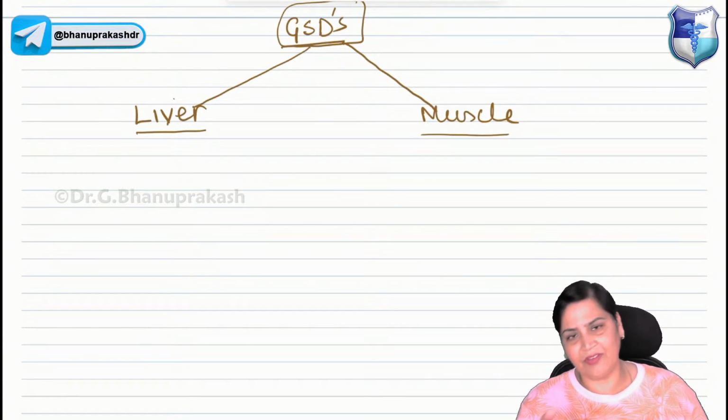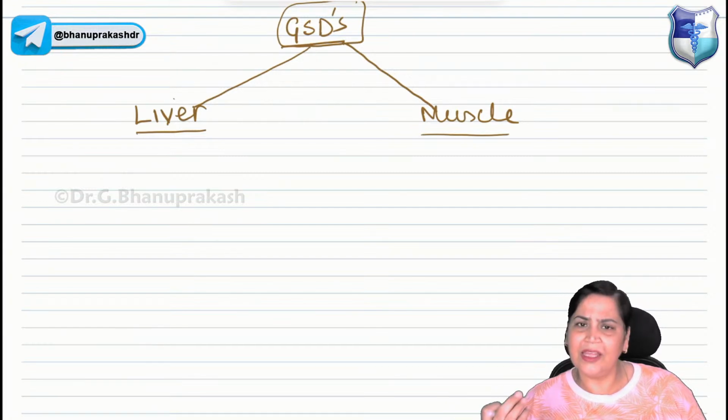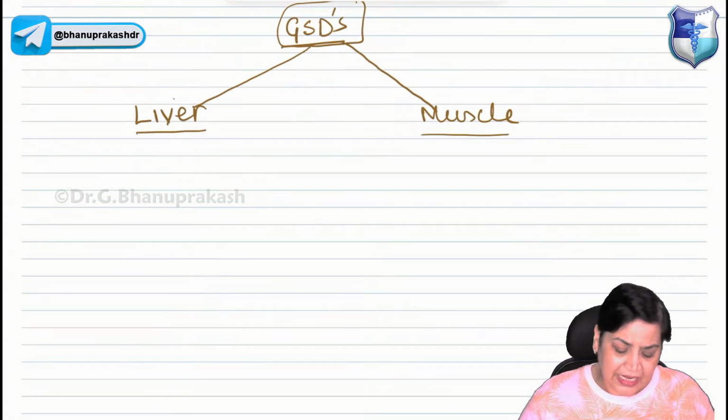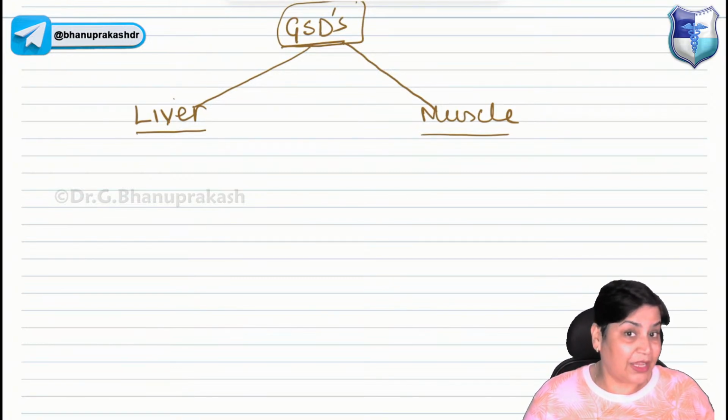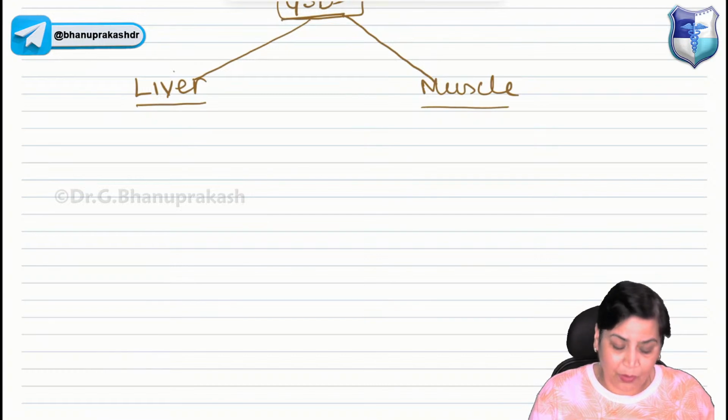Once you are thorough with the medical terminology, it will be a one minute game for you. But before that, try to convert biochem into mnemonics. If I talk about glycogen storage diseases, do you know the mnemonic?